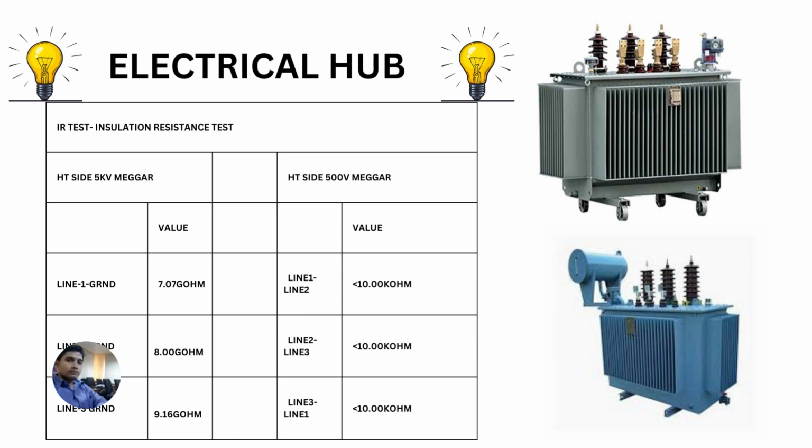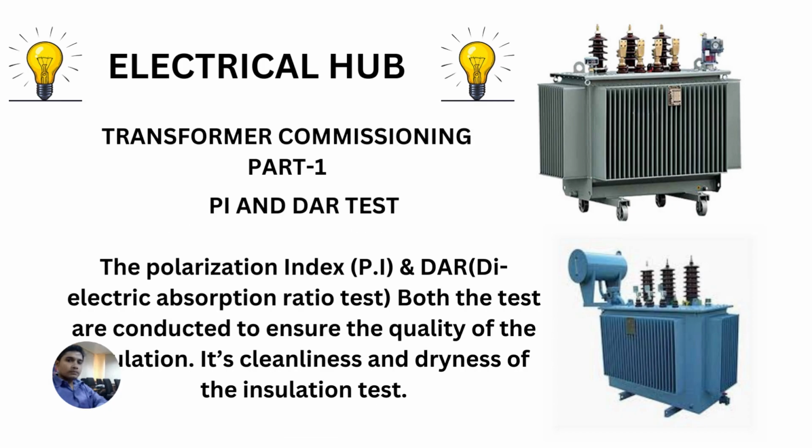But again, as it is the star side, it is shorted, and line 1 to line 2 will be less than 10 kilo ohm. We will discuss the acceptable values of insulation resistance in our next video according to the IEEE standard.